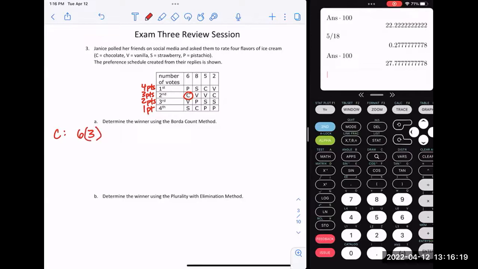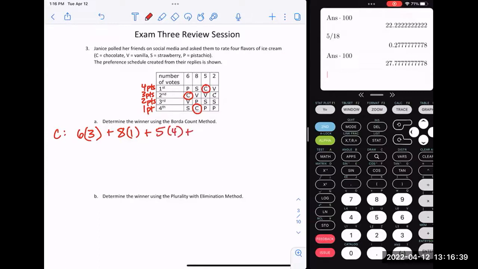And then if I look at the next column, those 8 voters ranked chocolate last. So I would say those 8 voters gave chocolate only 1 point, but we're doing that 8 times, since there's 8 voters there. The next column, I have 5 voters give chocolate 4 points.